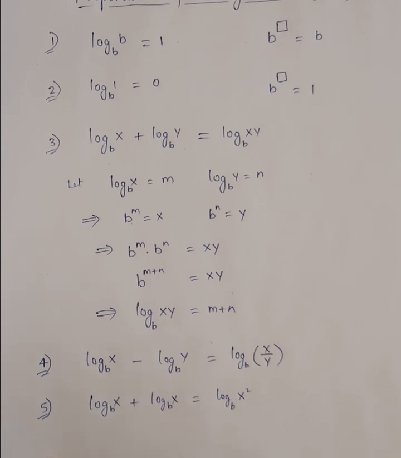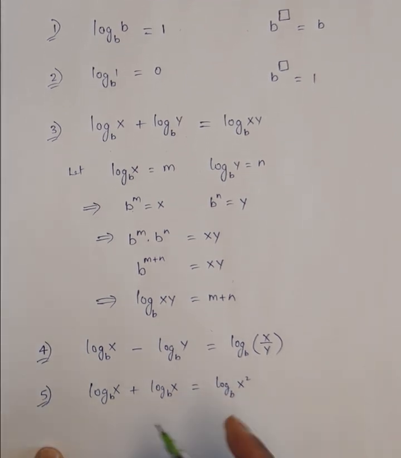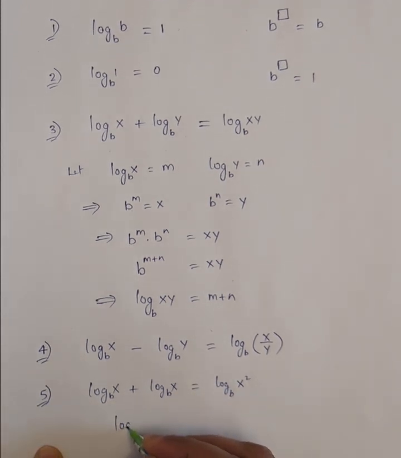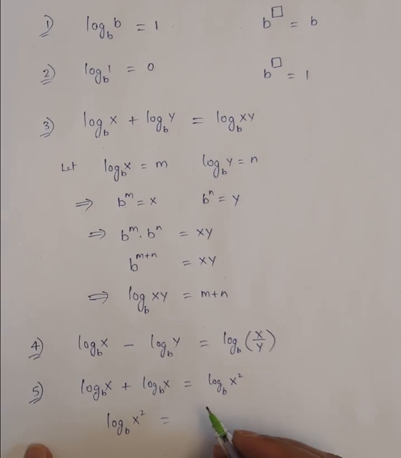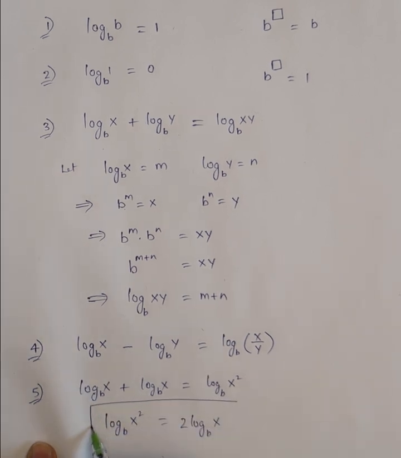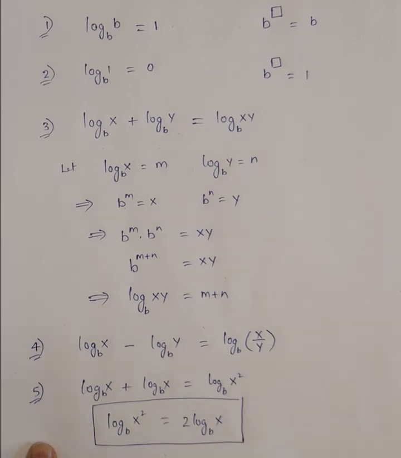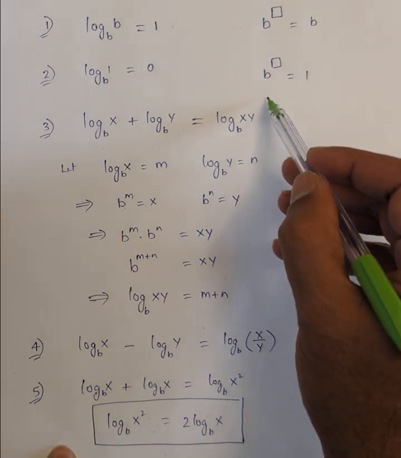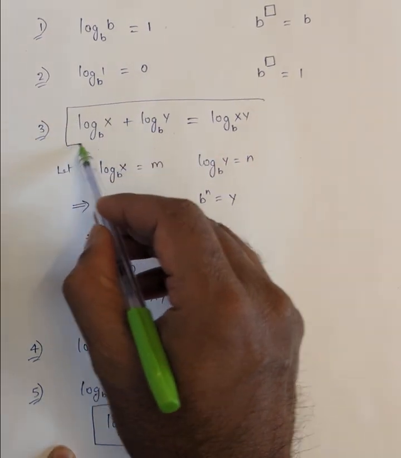So what this is trying to tell me is, if I have log base b of x square, then notice the left side is simply 2 log base b x. So this is going to be 2 log base b x. So this property is trying to tell me that if you have an exponent, you can move it up front. And let's put this one also in a box.